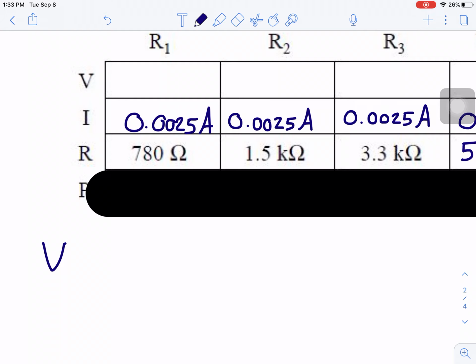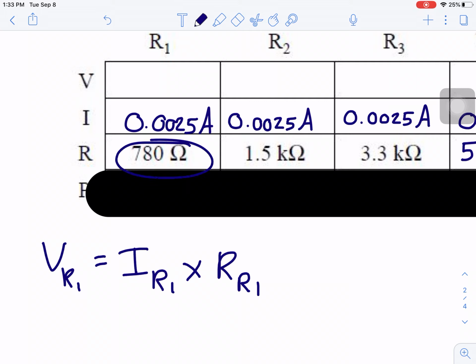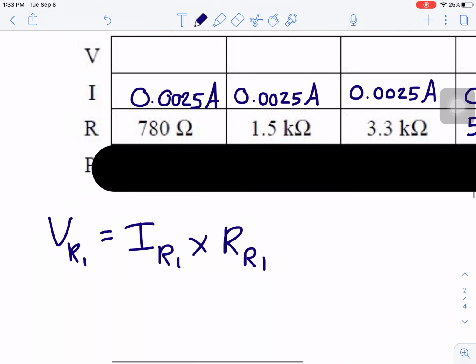The voltage drop at R1 equals the current at R1 times the resistance at R1. So how much pressure is lost at that 780 ohm resistor is the amount of electrons moving through it times its resistance.